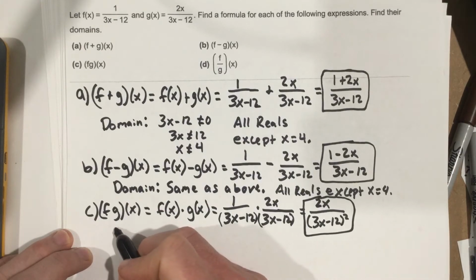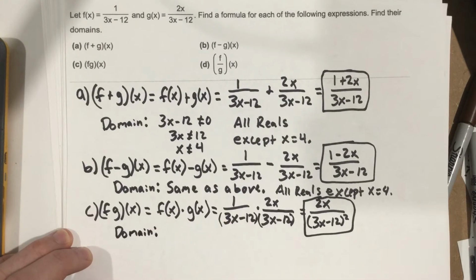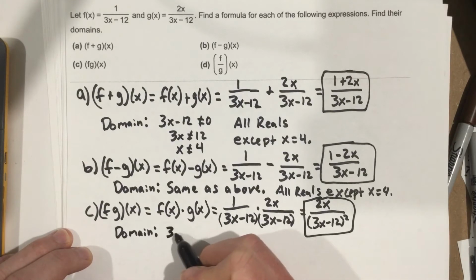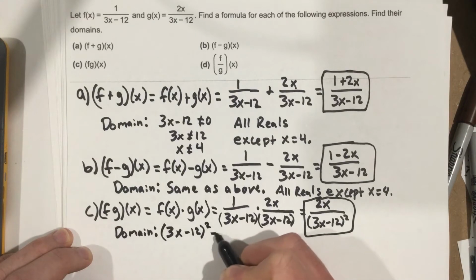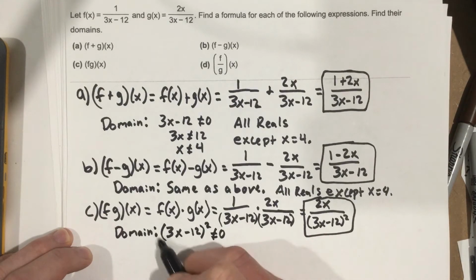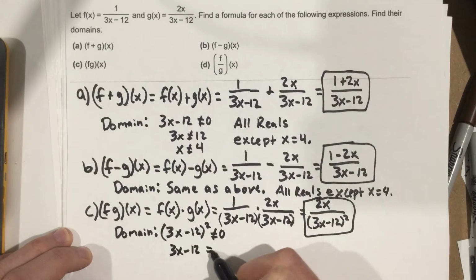So we're going to say domain. We're going to have 3x minus 12 squared not equal to 0. Square root each side. When we square root this side, we get 3x minus 12 not equal to, when we square root 0, we just get 0.